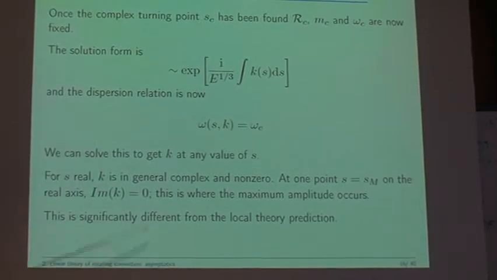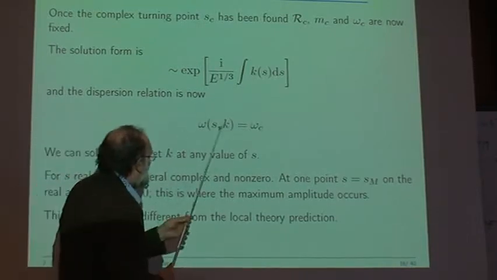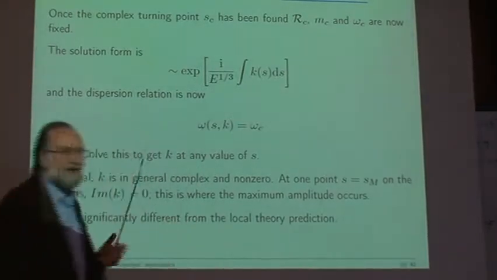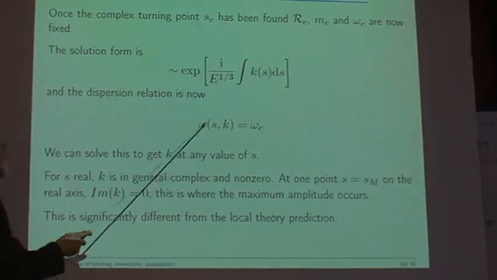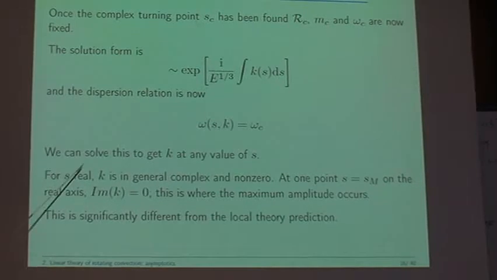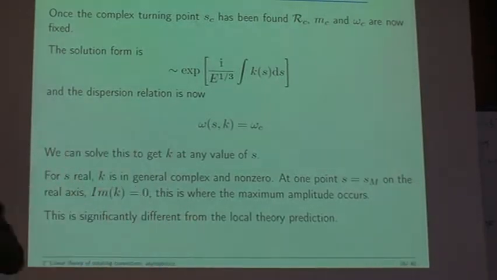So basically, you've solved this dispersion relation in order to get k that comes out for a given real s. As you move s along the real line, you then get out a k from that dispersion relation, and that k has an imaginary part, and on one side it's growing, and on the other side it's decaying.